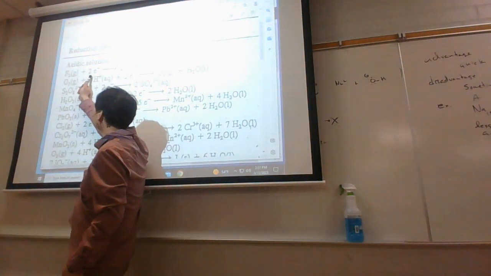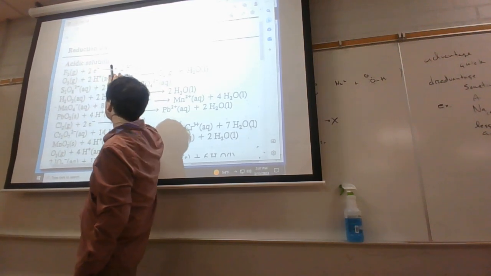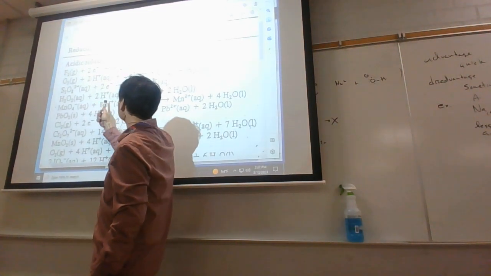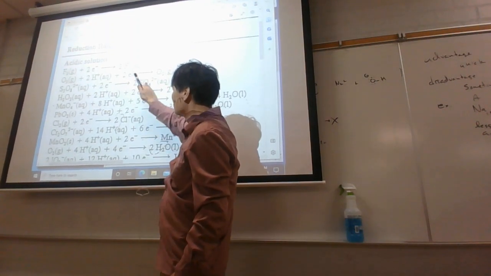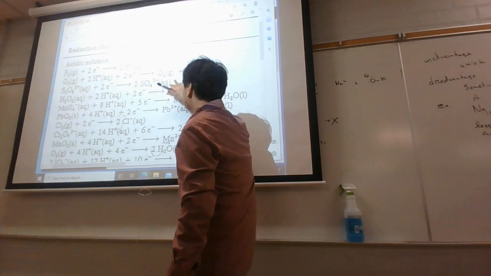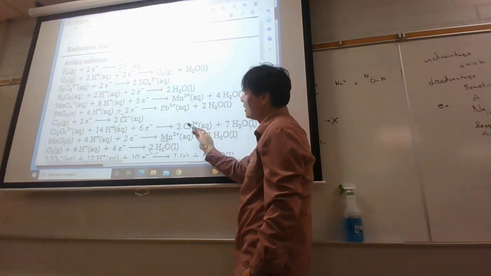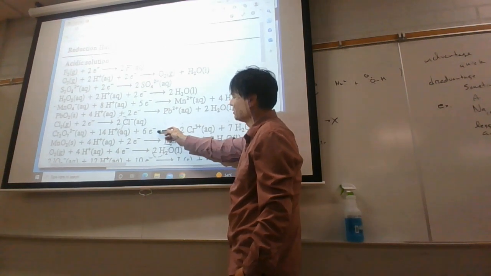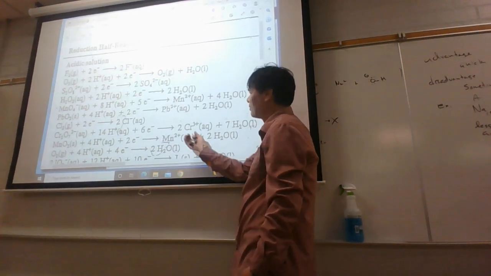Certain things take electrons, so all these species on the left here are taking electrons. There are 2 electrons, 2 electrons, 2 electrons, 5 electrons, 6 electrons here. So these species are taking electrons. The species on the right side lose electrons going backwards.